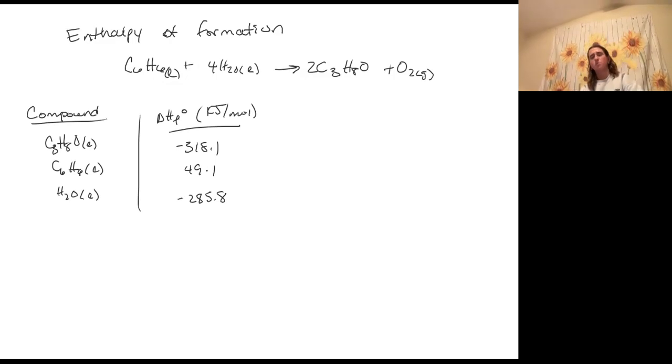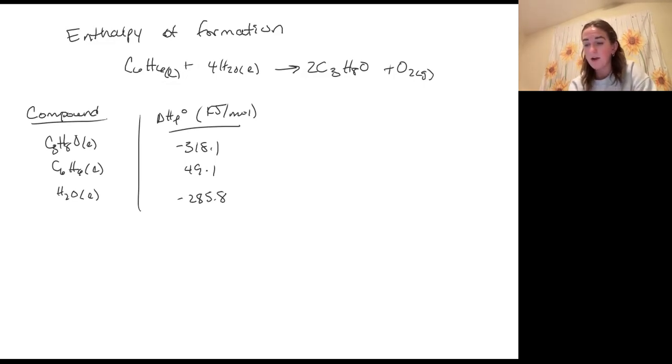We are given these 3 enthalpies of formation, different than bond enthalpy, but you're also given this equation as well, where the delta H of a reaction is the products minus the reactants.